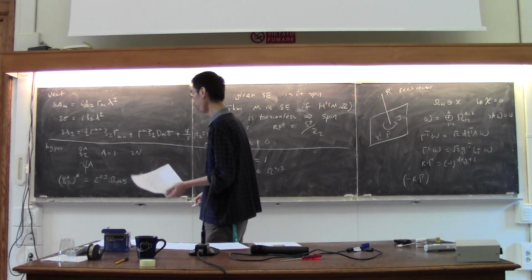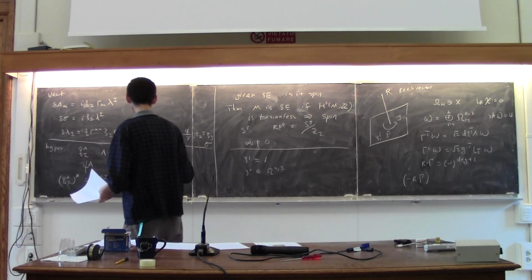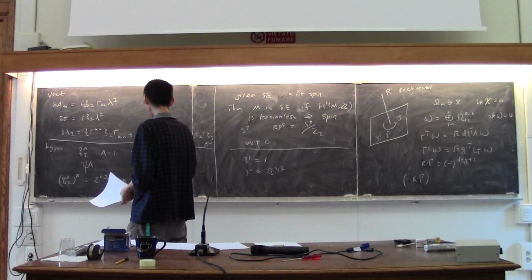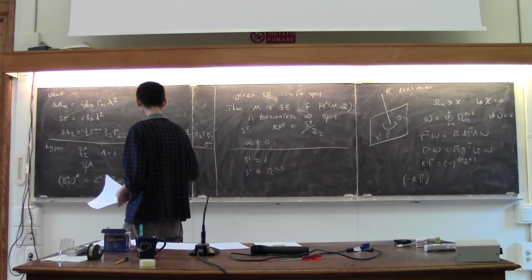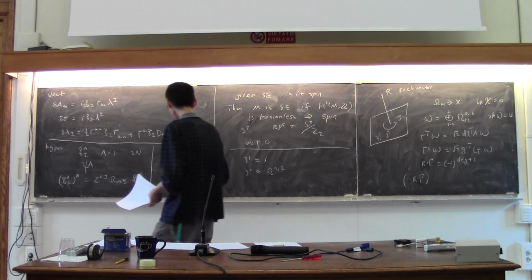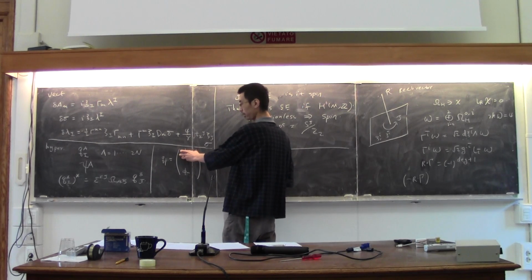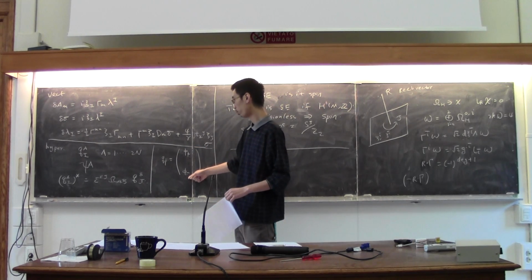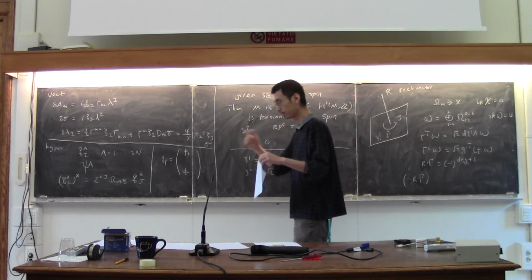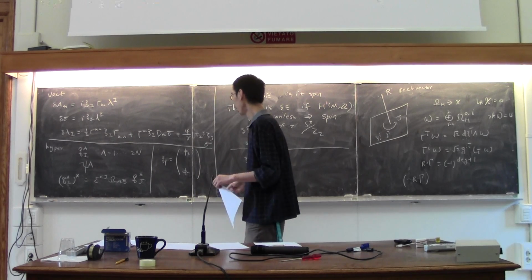In particular, we can look at the scalar in a slightly different way. We can write it as a doublet, a pair of scalars. If you write it like this, then if this one transforms in the fundamental of SU(N), this one will transform in the anti-fundamental of SU(N). So this is probably more familiar to most of you.